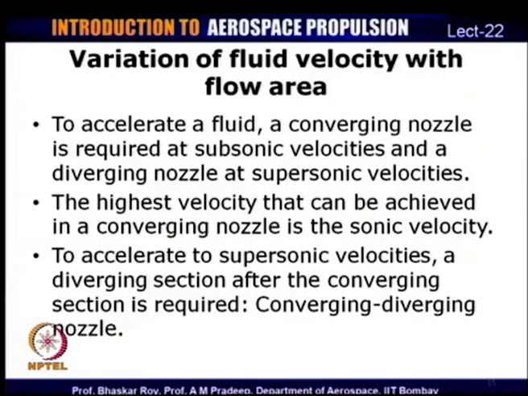And what we will also see a little later is that the highest velocity that you can achieve in a converging nozzle is the sonic velocity. The maximum velocity that you would be able to achieve in a converging passage in subsonic flows is only a sonic velocity at the end of the converging nozzle.